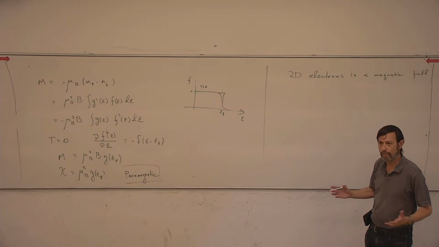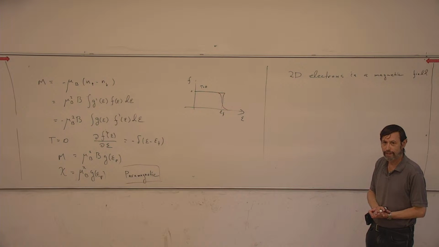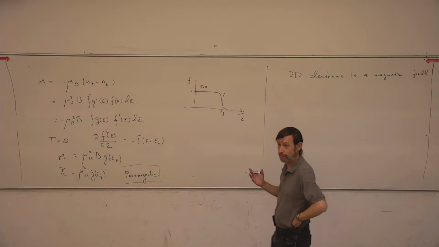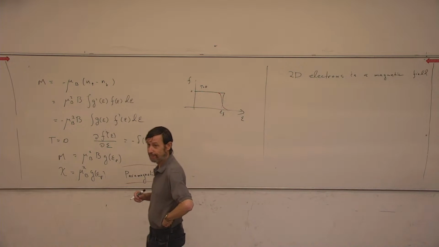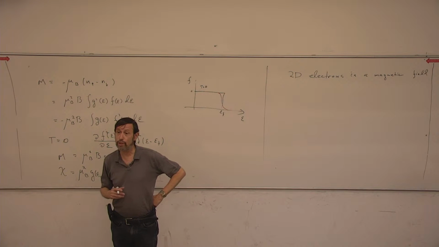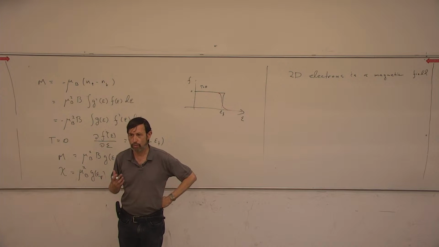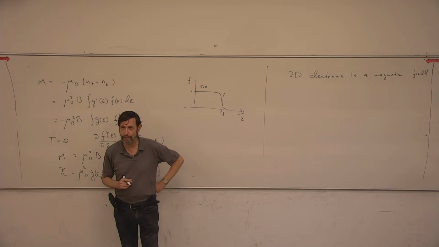How do you get two-dimensional electrons? Actually, it turns out that in the experiment, we can actually see two-dimensional systems, which the way to create them experimentally is not very different than what we have seen for the p-n junction.